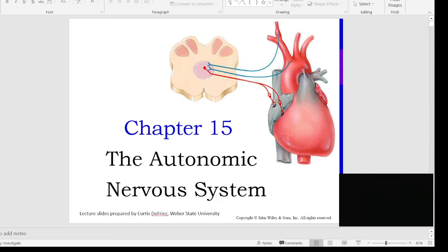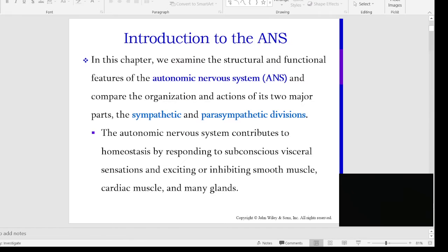Okay, good morning. So today we're going to talk about the autonomic nervous system. As I mentioned last time, it is divided into two major parts, the sympathetic and parasympathetic.